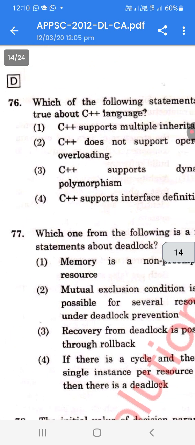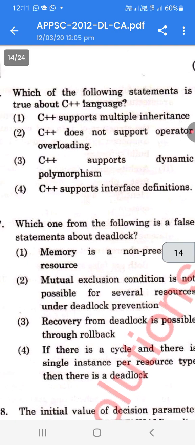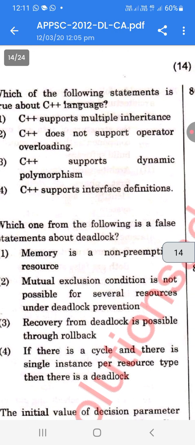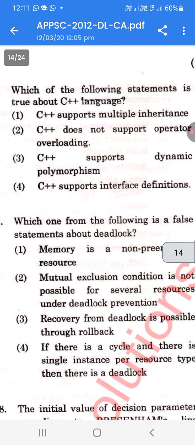76. Which of the following statements is true about C++ language? C++ supports multiple inheritance.